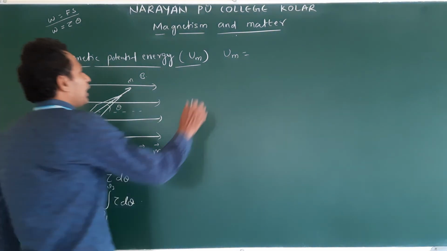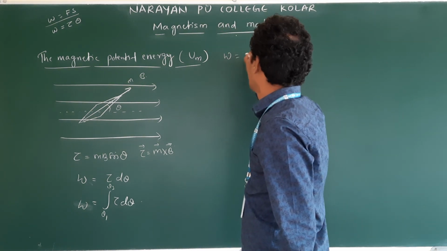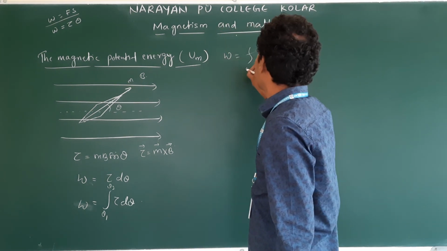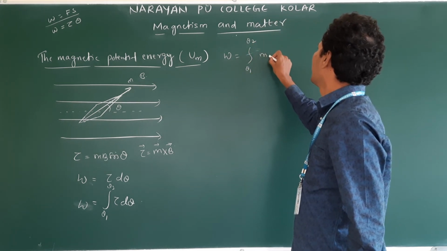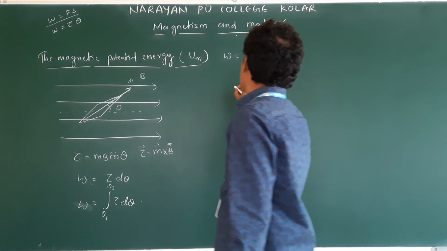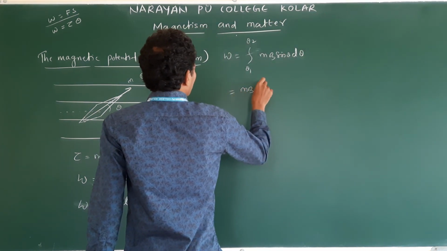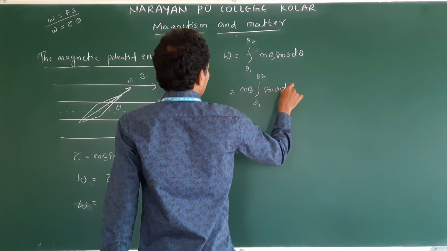Finally we will write the work done. What is the tau expression? The integral from theta 1 to theta 2 of mB sin theta d theta. mB stays outside, and the integral of sin theta d theta from theta 1 to theta 2.